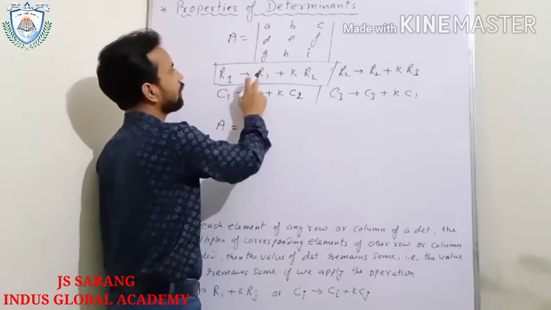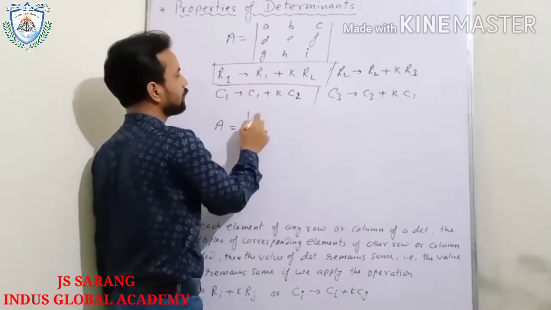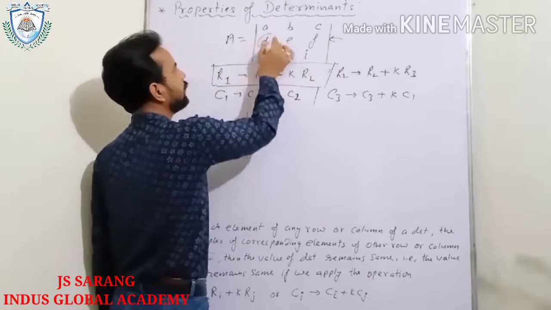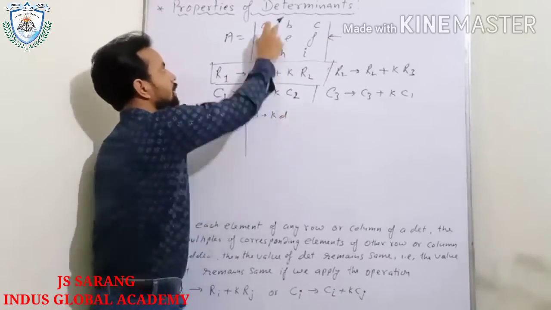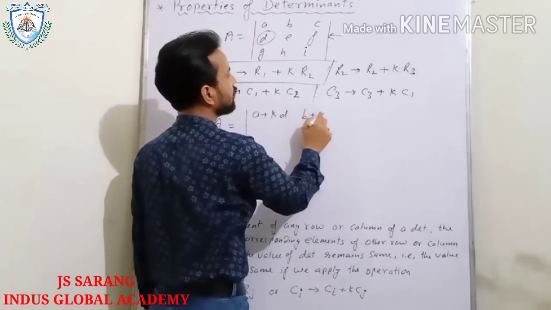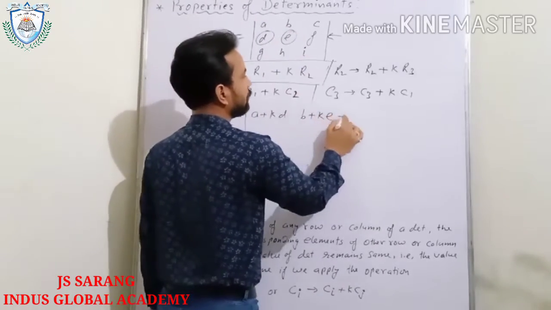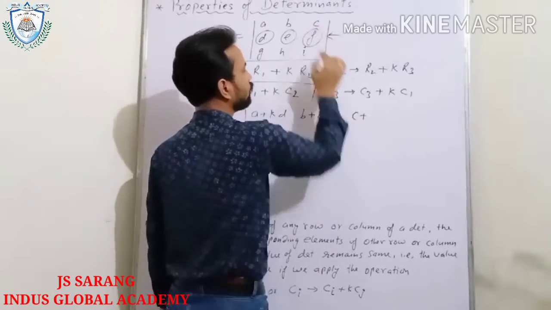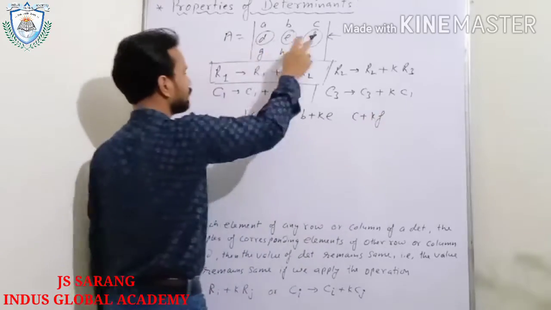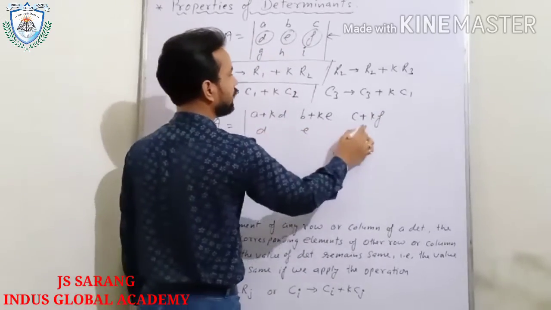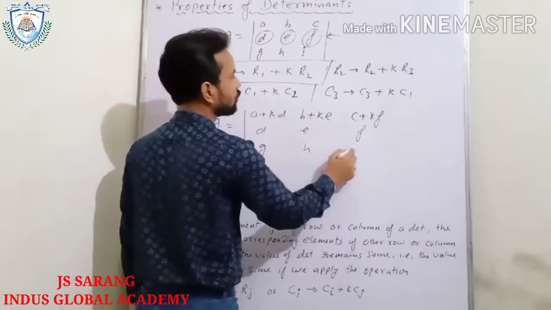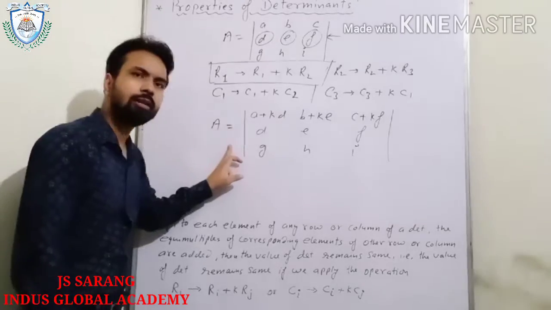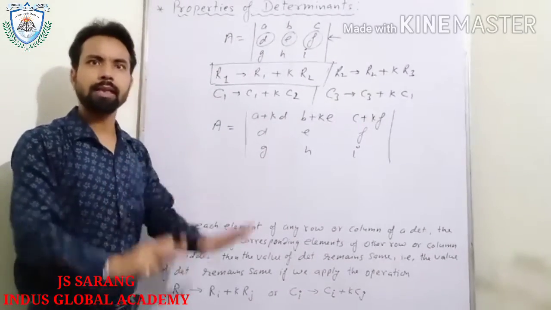So it will be R1 plus K R2. R1 is A plus K R2. R2 is this row, so K into D. Same, B plus K E, and same, C plus K into F, and R2 will remain the same: D, E, F and G, H, I. So the value of this determinant and the value of this determinant will remain the same.